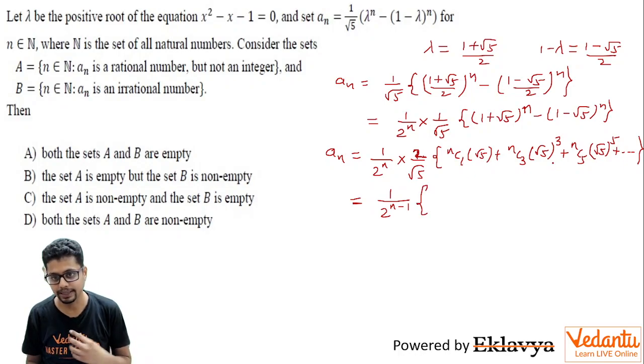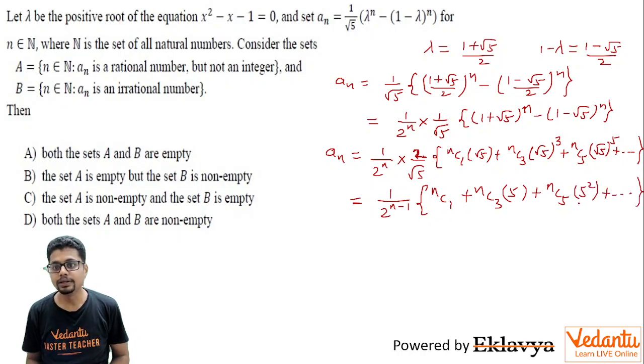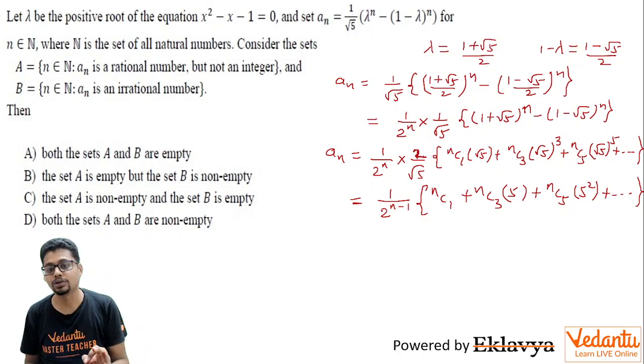You get nC1 plus nC3 times 5 plus nC5 times 5 square, and so on. So clearly an is rational, at least rational, for all natural numbers n.